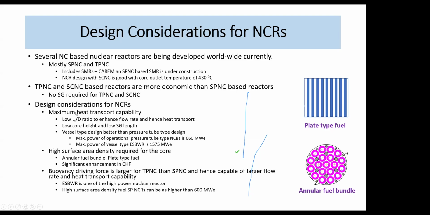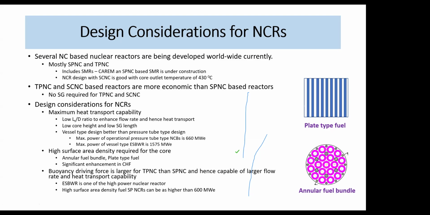And then, on maximum heat transport capability, in natural circulation reactors you can go for a low L/D ratio to enhance the flow rate and heat transport capability, and also to stabilize the system. The core and the steam generator are where you have the smaller hydraulic diameter.